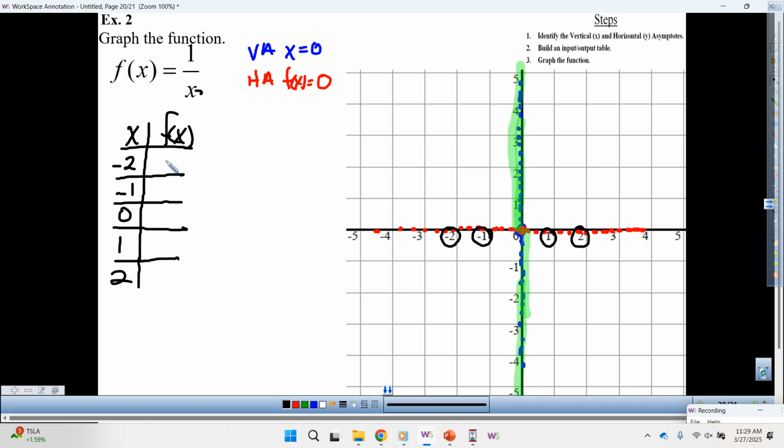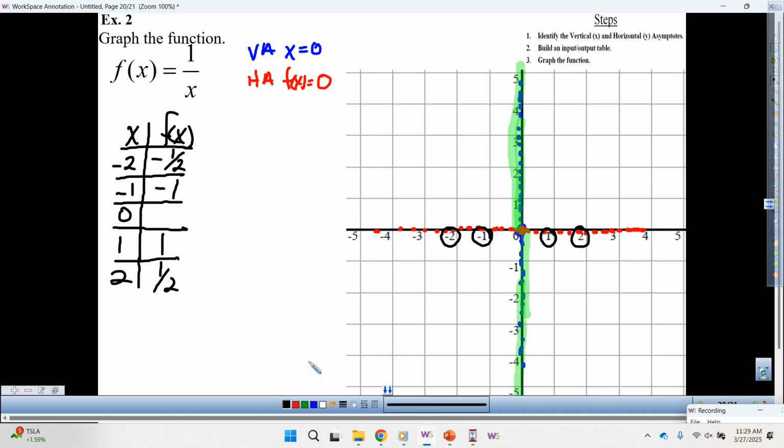Tell your neighbor. Yeah, we've been doing this on the warm-ups, yeah? It gives me -1/2. If I substitute -1 in here, what does that give me? -1. If I substitute 1 in there, it gives me 1. If I substitute 2 in there, it gives me 1/2.